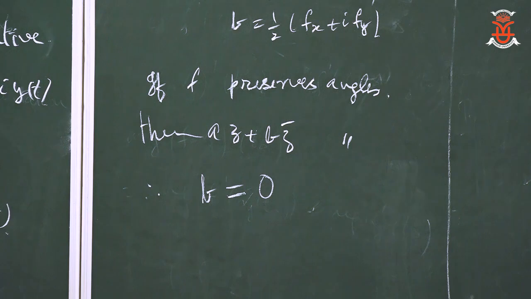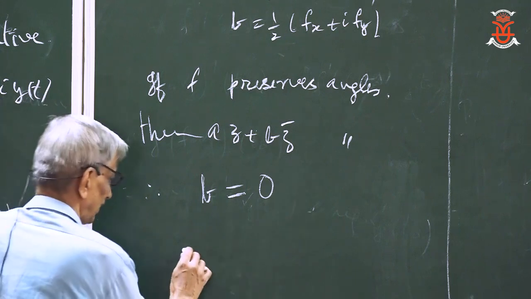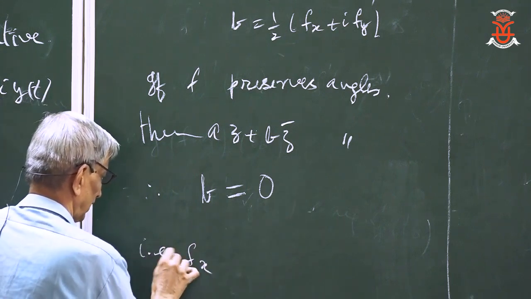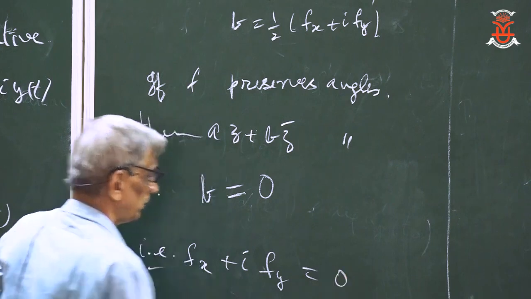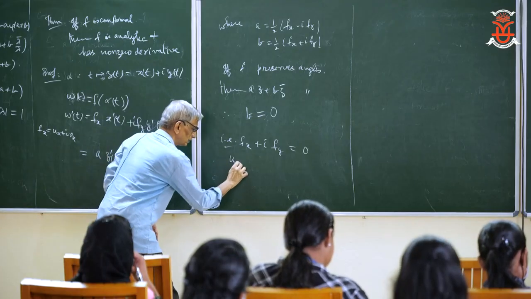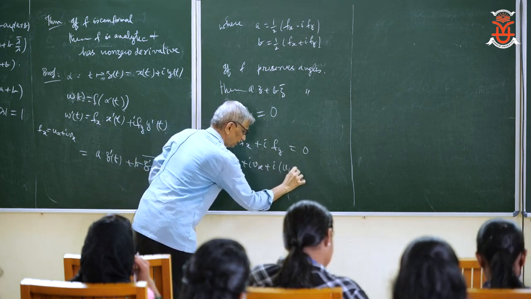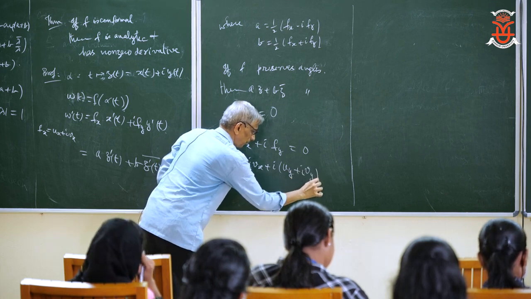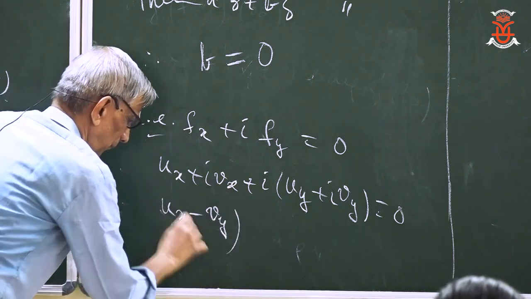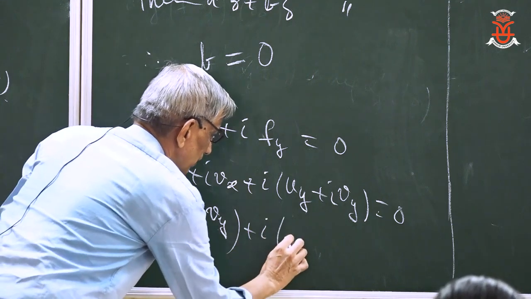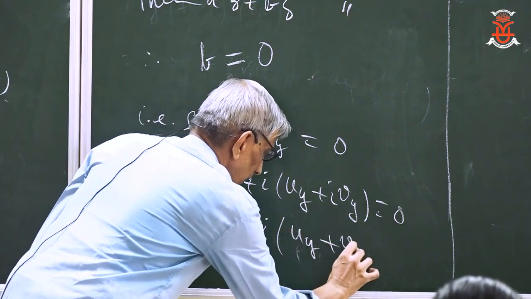But what does b equal to 0 give you? f_x plus i f_y, so this is u_x plus i v_x plus i times u_y, so u_x minus v_y plus i times u_y plus v_x.